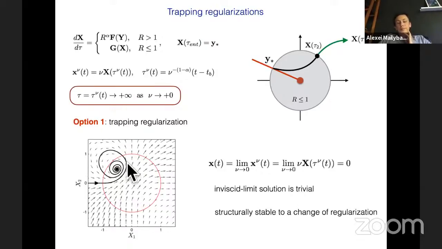It will be trapped. Then when we recover X in original time, it's the same as X nu as nu goes to 0, which is the limit of nu times capital X, but capital X is bounded, so the limit is 0.